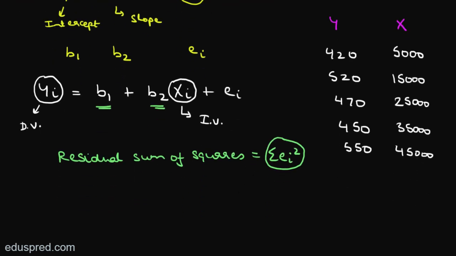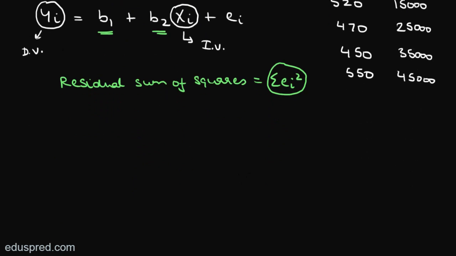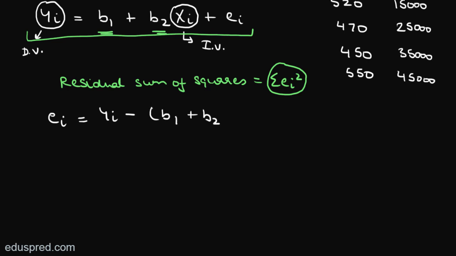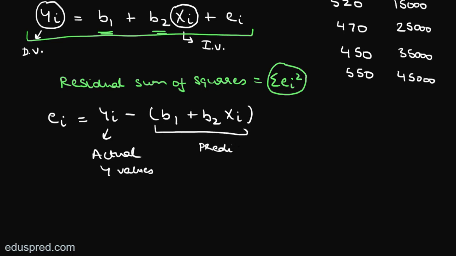Now note that our sample equation is yi equal to b1 plus b2 xi plus ei. From this equation, I can write that ei is equal to yi minus (b1 plus b2 xi), where yi are your actual y values, and b1 plus b2 xi is your predicted or estimated y values.